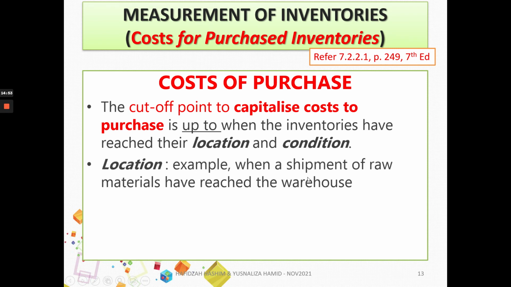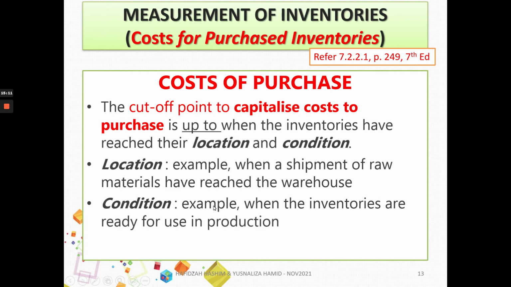Location here, for example, is when a shipment of raw materials being delivered, let's say using a delivery truck, has reached the warehouse or the address or the point of sale required by the buyer. Condition, for example, is when the inventories are now ready for use in production, in the case of inventories to be used in the production process.